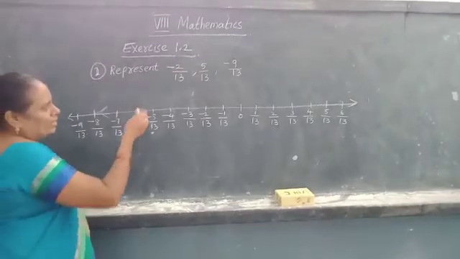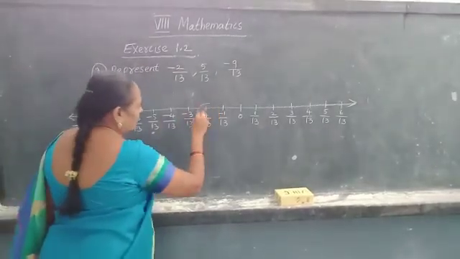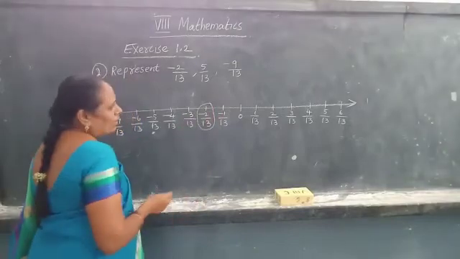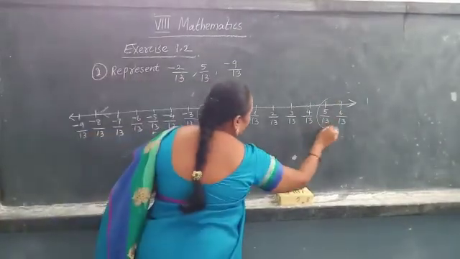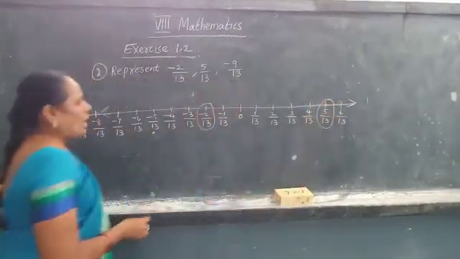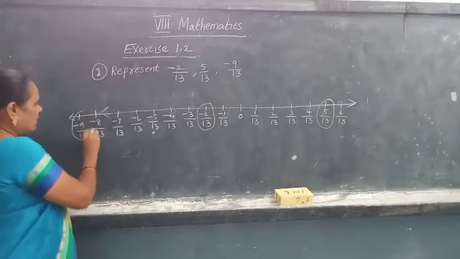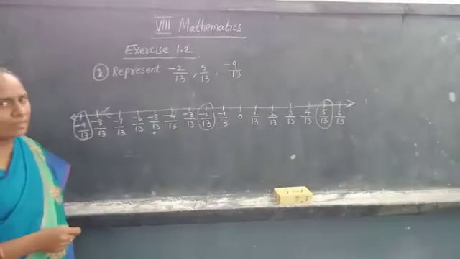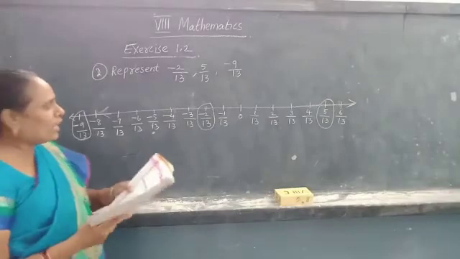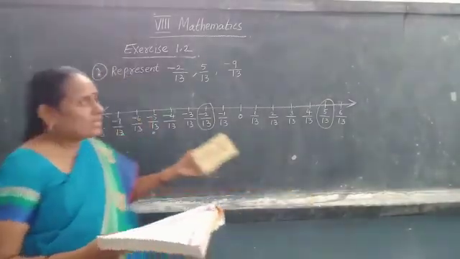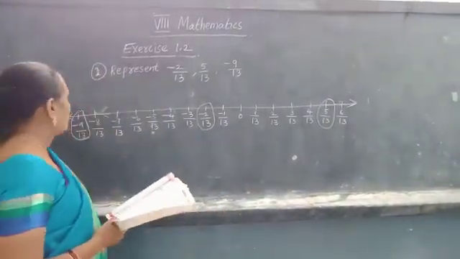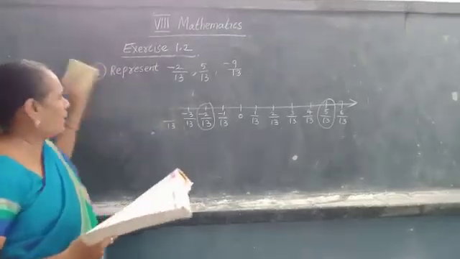So what are they here? This is minus 2 by 13, this is 5 by 13, and this is minus 9 by 13. So like this, if the denominator is the same, you can represent all the rational numbers on a single number line.